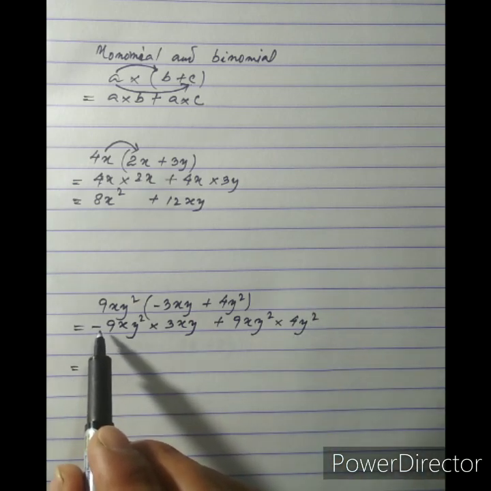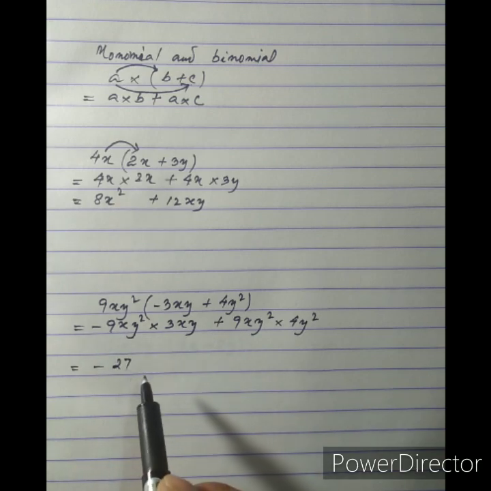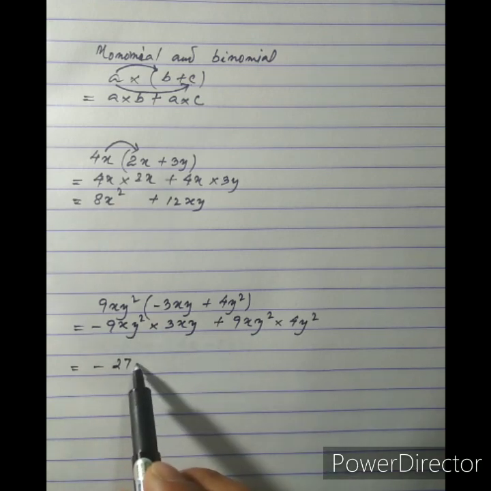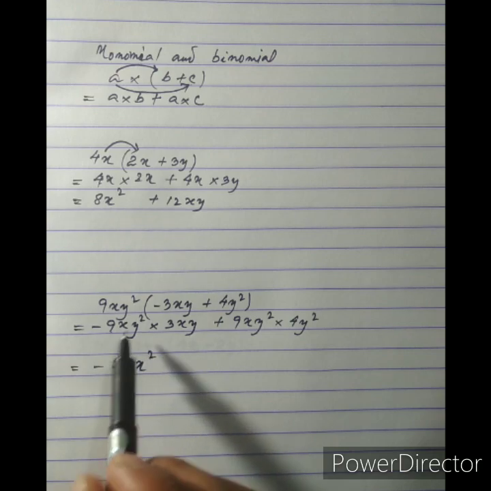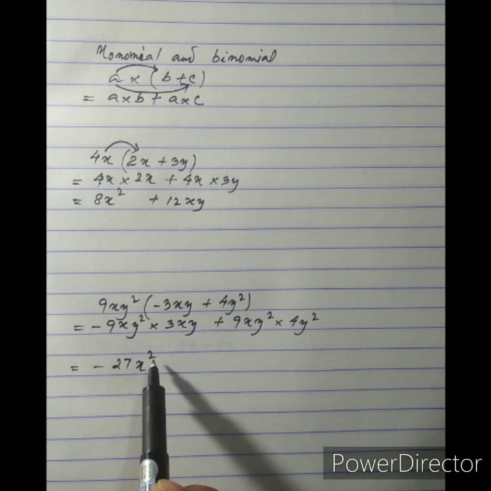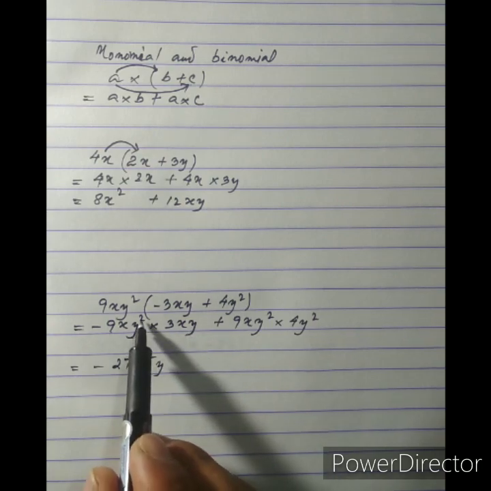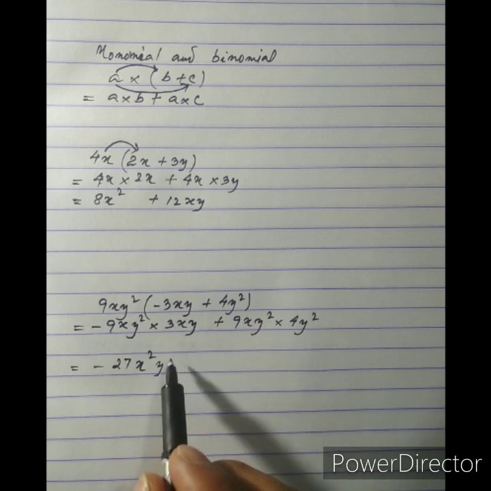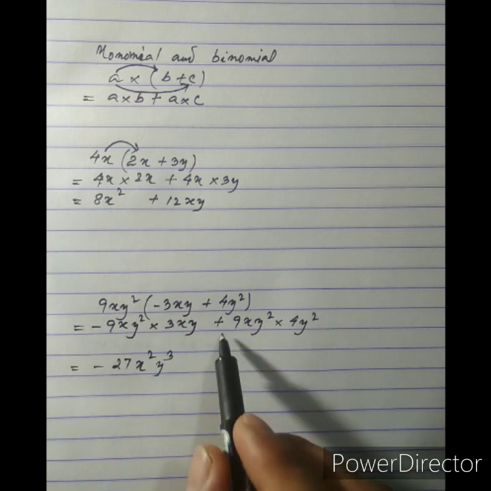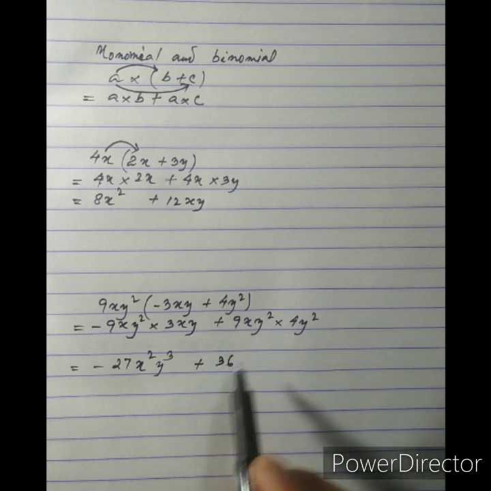Next, minus will be here: 9 into 3 is 27. x into x is x square. For y, here the power is 1 and here the power is 1. 1 plus 1 means we get 2. Next will be y. Here the power is 2 and here the power is 1. So together we get 3. Then plus 9 into 4 is 36.